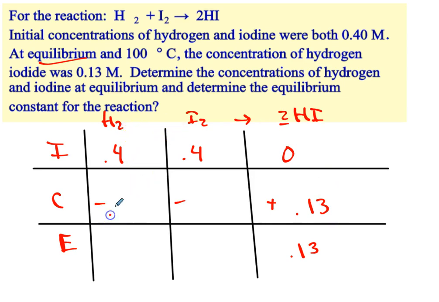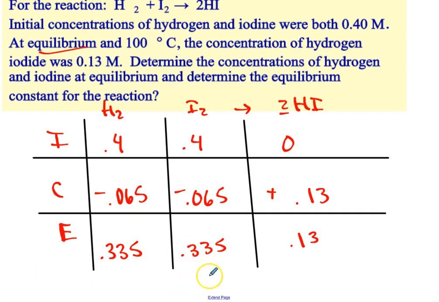So this would be 0.065. We okay with that? So coming down here, we have 0.335. And those are our equilibrium concentrations.